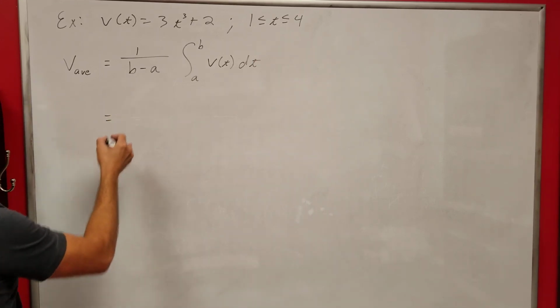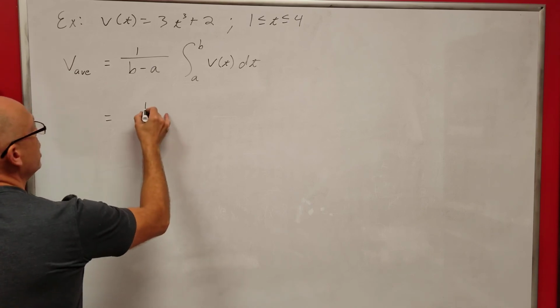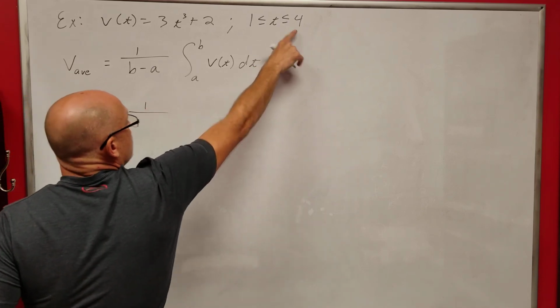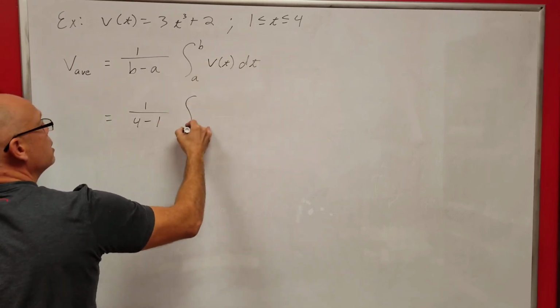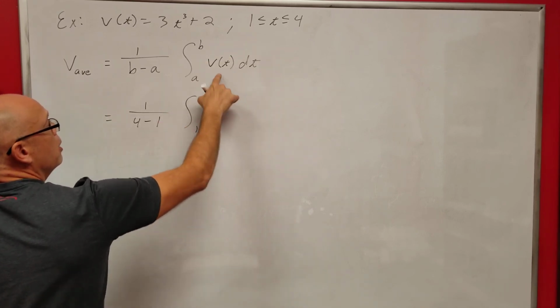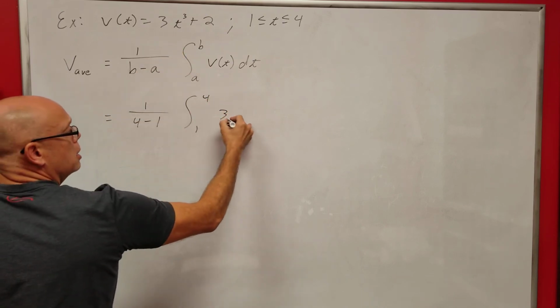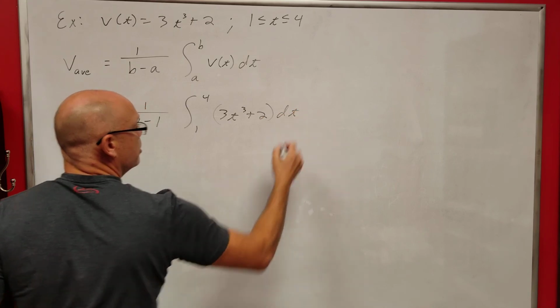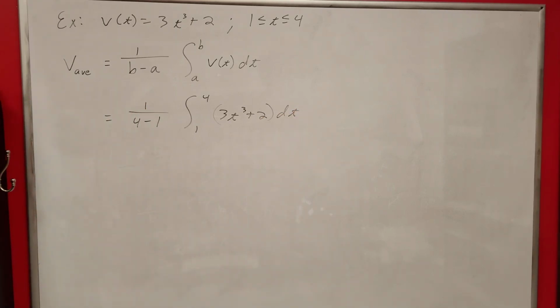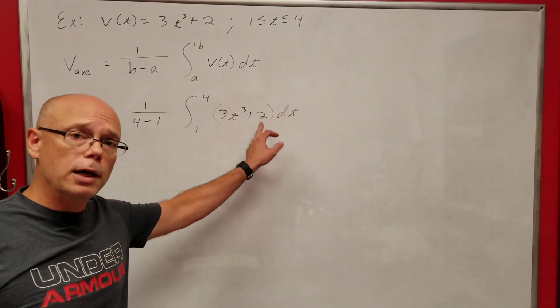So you proceed as we did in the last few examples. So we have 1 over b, which is 4 this time, minus a, which is 1, times the integral from 1 to 4 of v of t, which is 3t cubed plus 2, dt. Now remember, make sure you're able to do this yourself, and don't just blindly follow what I'm doing here.